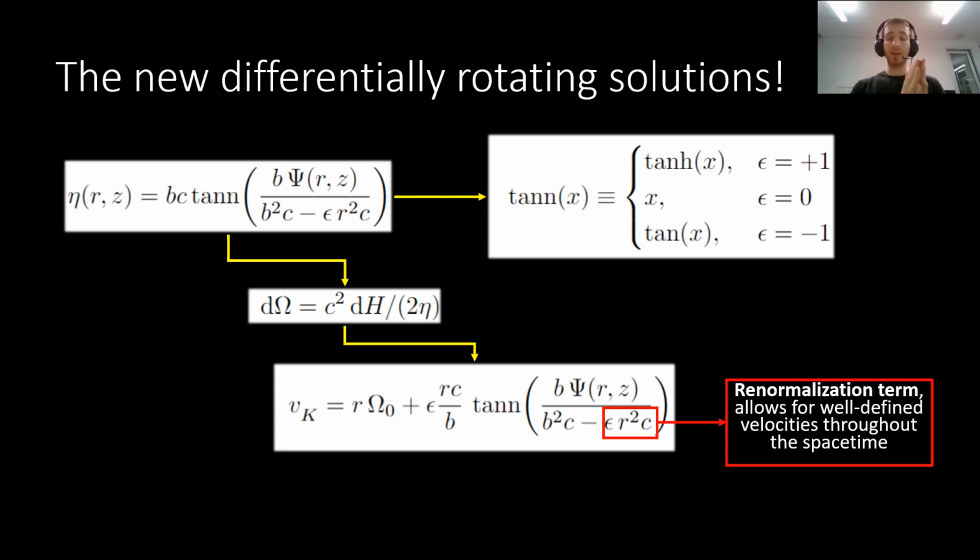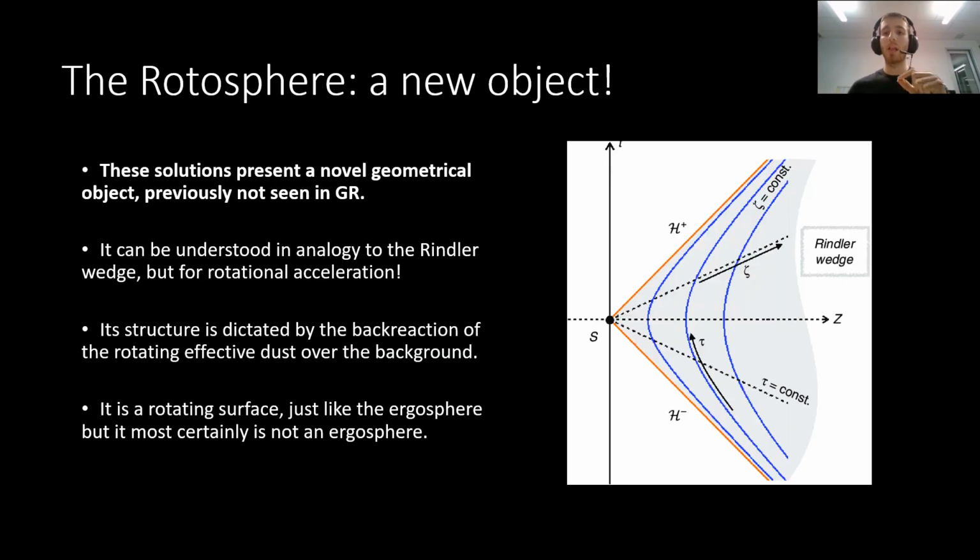They must describe the low energy limit of astrophysical systems, which can be described by a coarse-grained dust approach in general relativity in a low energy regime, as said. Furthermore, these solutions introduce another novel concept, which is the rotosphere.